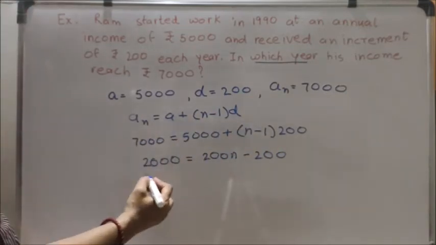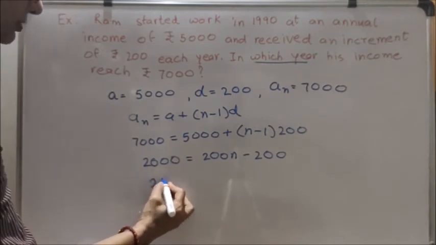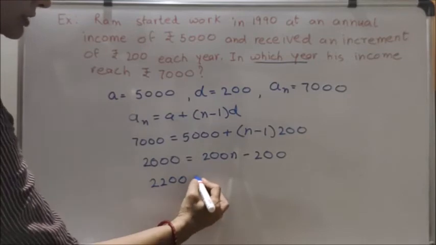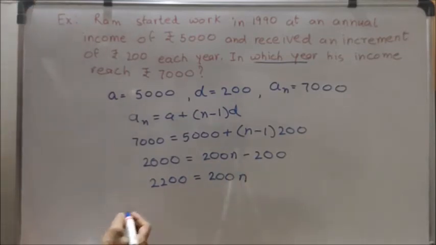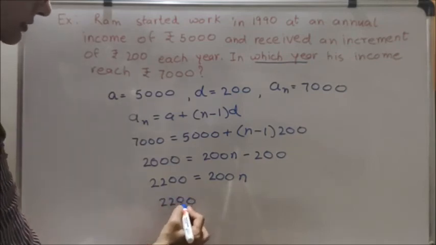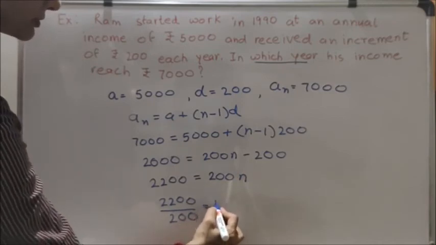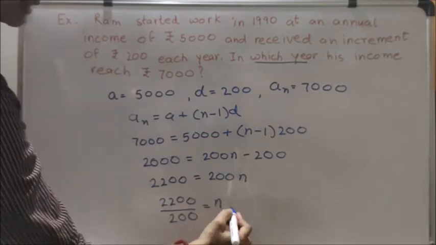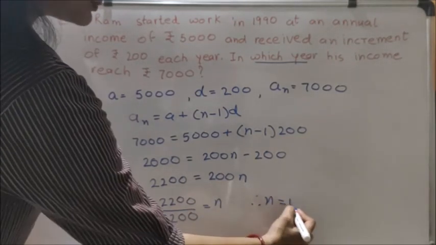Bring 200 here, so it gets added. So you get 2200 is equal to 200N. That gives you 2200 upon 200 is equal to N, and that gives you N is equal to 11.